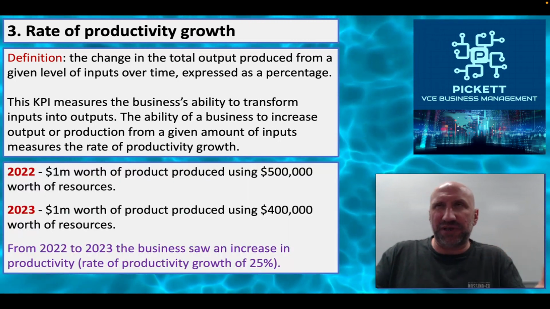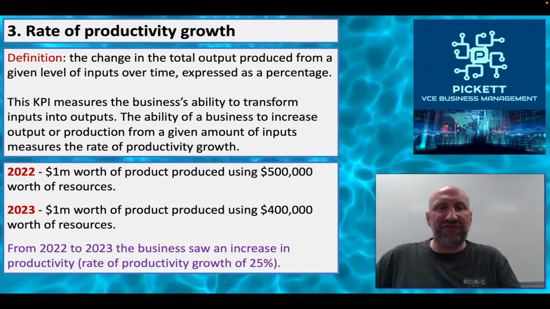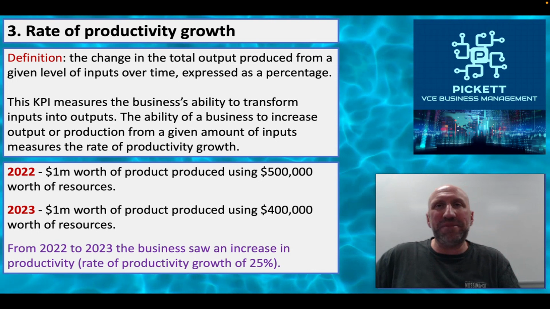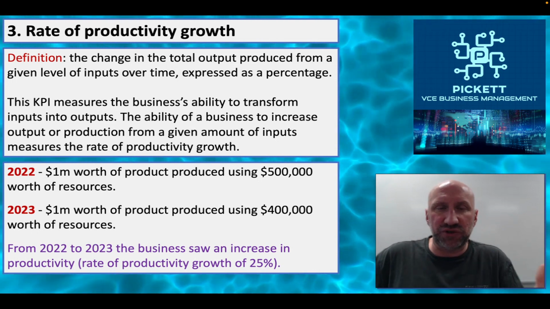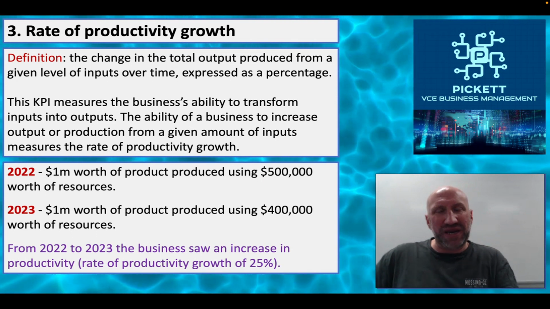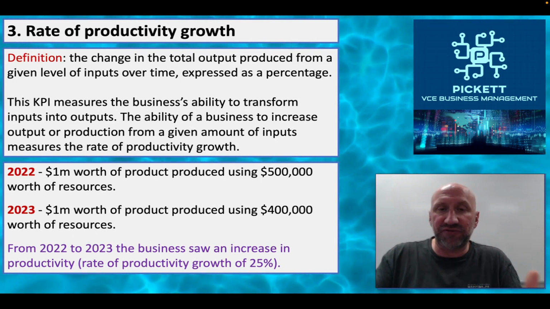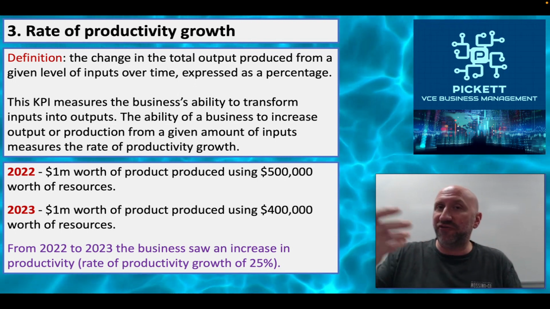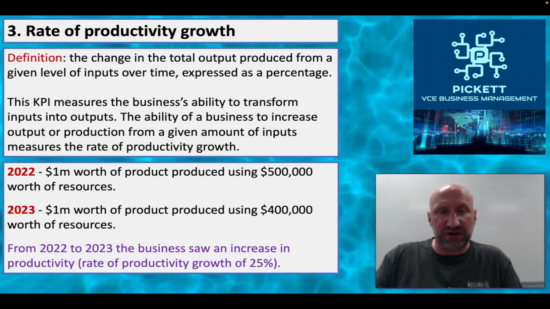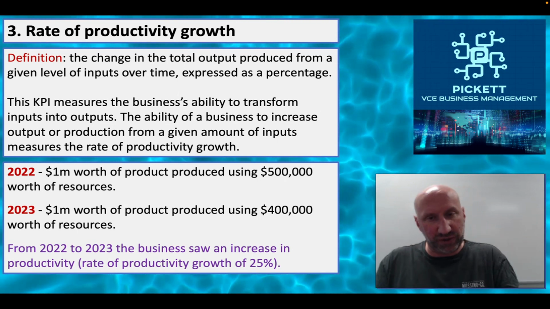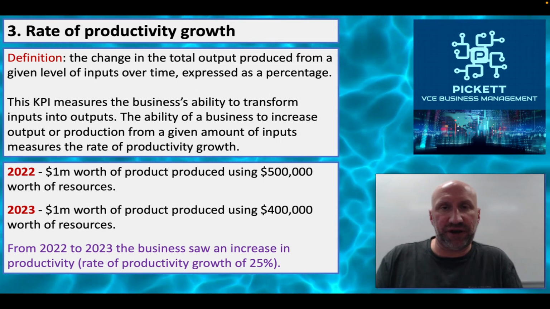Just as a very simple example to put that into numbers, again, you wouldn't need to work these numbers out, but look, if a business could produce $1 million worth of product using $500,000 worth of resources in 1 year, but in the following year managed to still produce $1 million worth of product, but only used $400,000 worth of resources, productivity has increased from 2022 to 2023, a growth rate of 25% in that scenario.